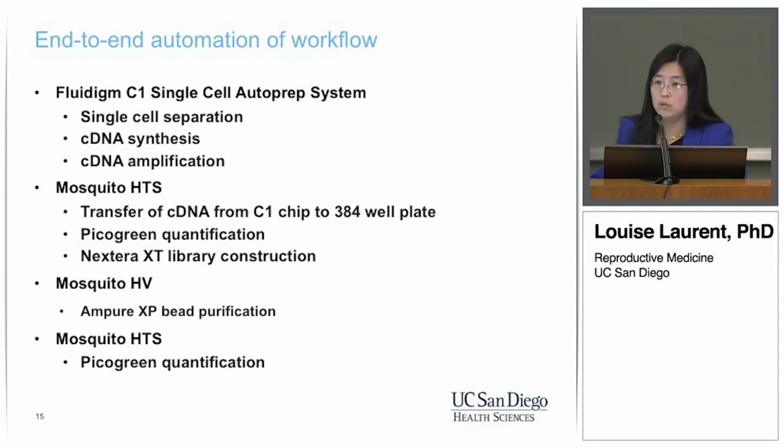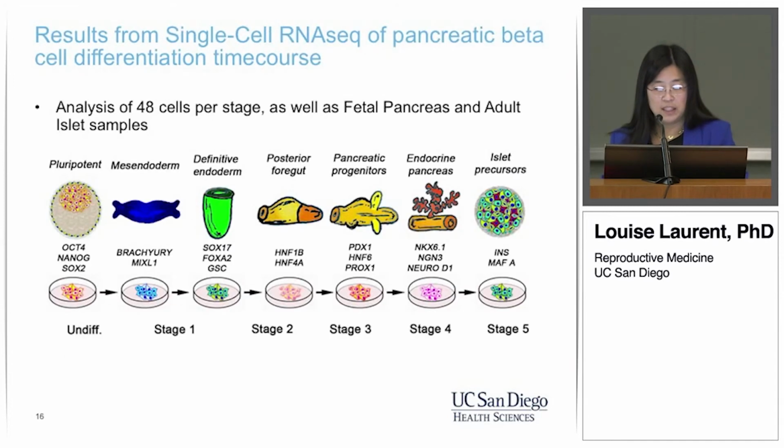We then moved to the HV system, which is the higher volume system, to do ampure bead purification. We then went back to the HTS to do picogreen quantification again, renormalized the libraries for pooling, and then sequenced. So at the end of the day, we ended up doing 384 libraries in parallel.